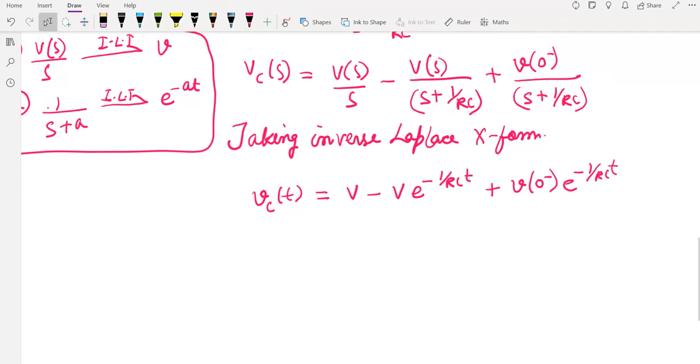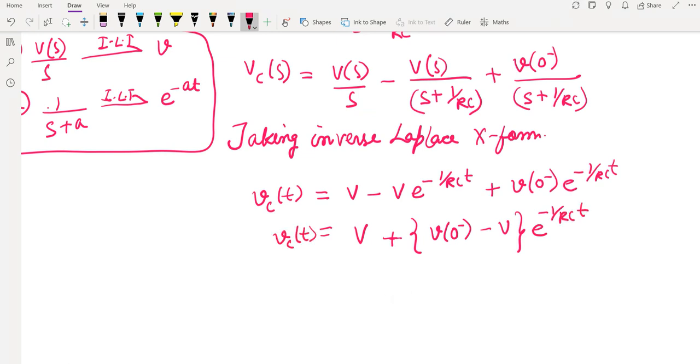So we can take these terms as common. We will write v minus v plus v at 0 minus, minus of v e to the power minus 1 by RC into t. So this is nothing but Vc(t).